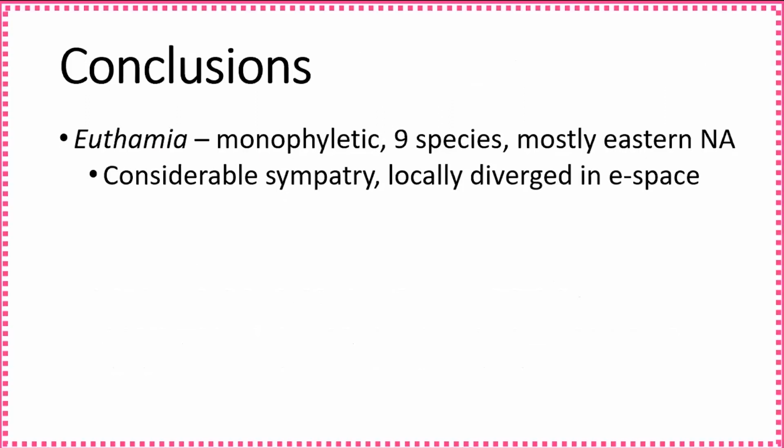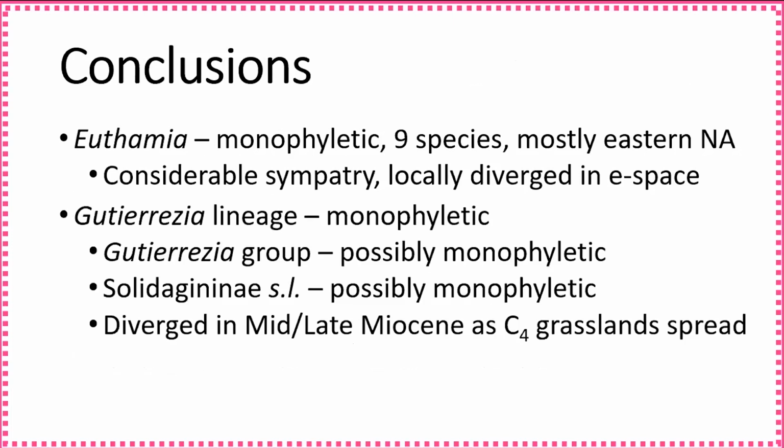And so with this, I've been talking long enough. I'll wrap it up here. So Euthamia is definitively monophyletic based on the next generation sequencing data we have. There's 9 species, and most of those are in eastern North America. I know there's a lot of sympatry and range overlap among these species. There has been local divergence for, at least based on the cistron and ITS-ETS data, the closest living relatives of one another.